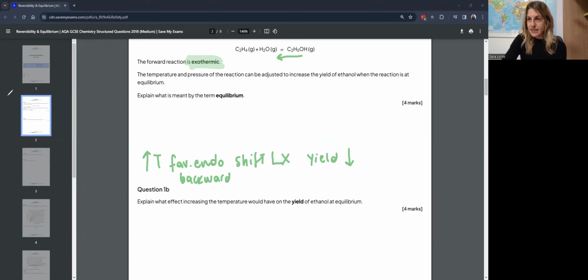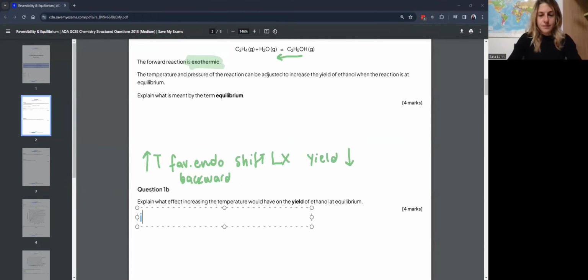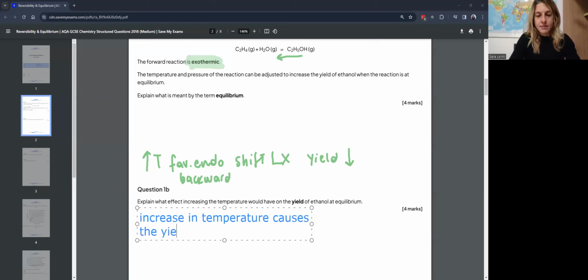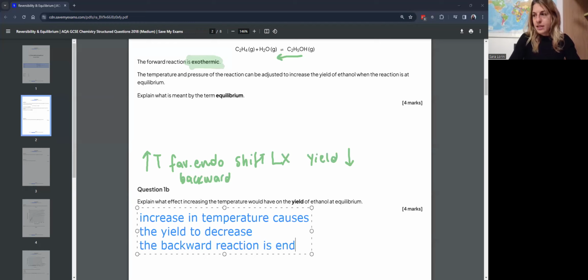And I'm going to write it down as text because I think it would be a little bit easier. So, an increase in temperature causes the yield to decrease. 1 mark. Why? Because the backward reaction is endothermic.